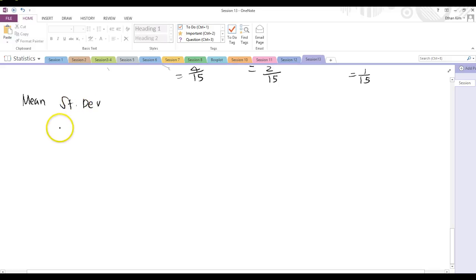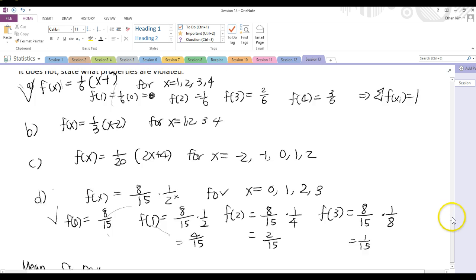So for mean, we always use, you know what, let's take an example and see. Yes, let's just take an example. So I'm going to copy this over.